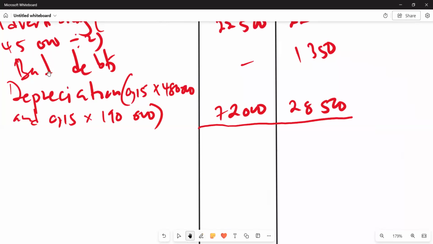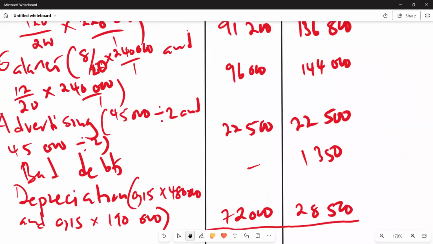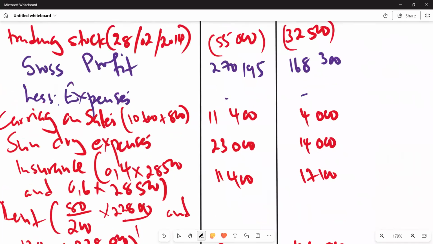Because what we need to do is to add the total of these expenses, starting from the last row that we have here going up to the first row that we have under less expenses. So if you add the total of the expenses in the takeaway column, we are going to get the total of expenses being 335,360, and we are saying less, we subtract.